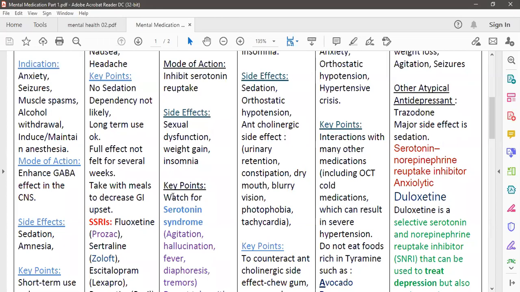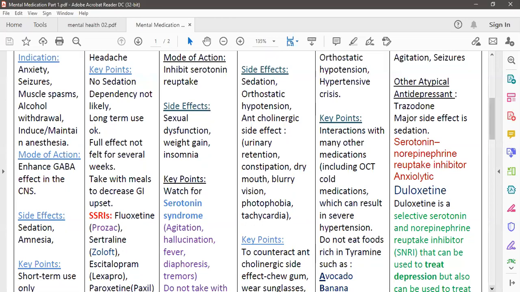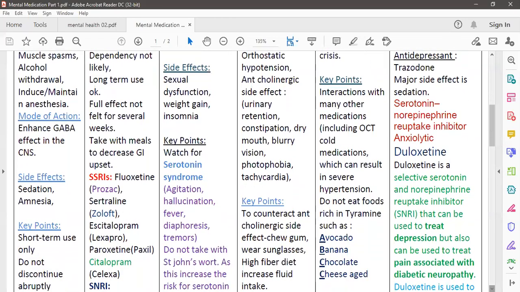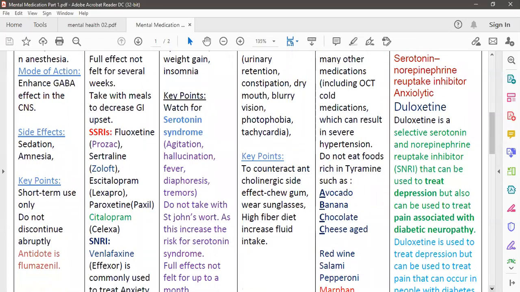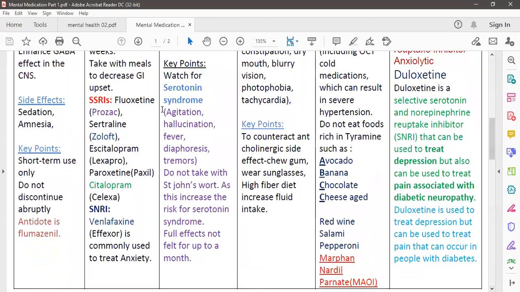And also watch for serotonin syndrome. So what is serotonin syndrome? Serotonin syndrome means if you give too much SSRI, the patient develops some signs and symptoms, and they are agitation, hallucination, diaphoresis, and tremor.